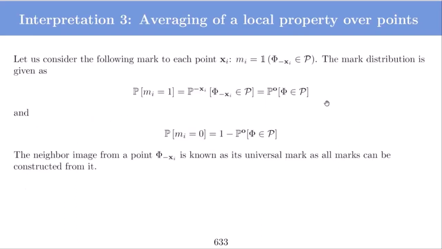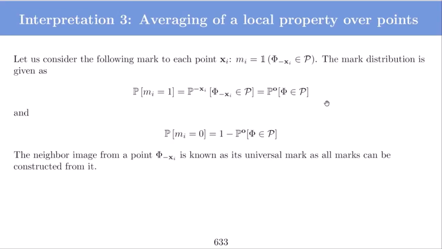Right. So let us consider the following mark to each point. Mi is the indicator that the view has property P. The mark distribution is given by probability Mi equal to 1. And in the stationary process case, this just means the probability that, conditioned on there being a point at the origin, the point process has the property P. Okay.